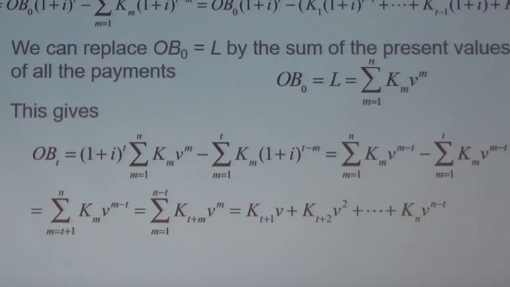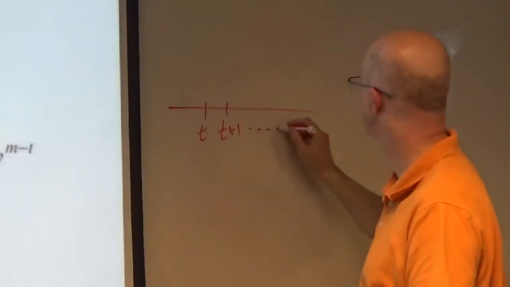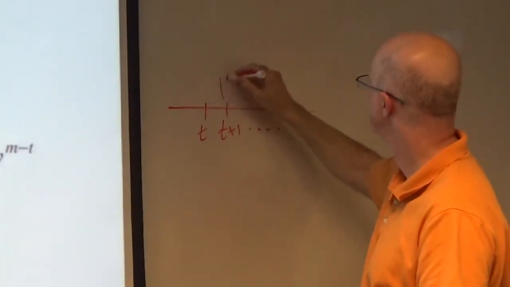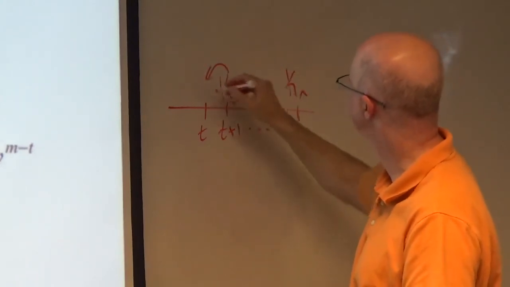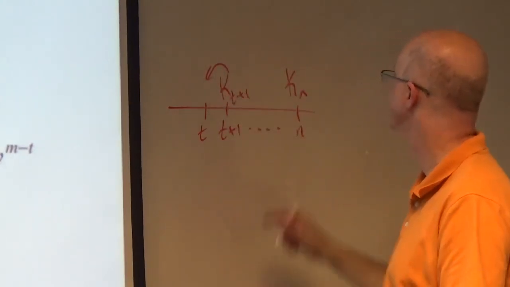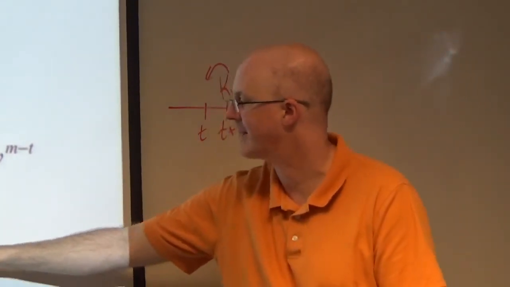But it should make sense intuitively. You're at time t. You're taking the payments starting at time t plus 1 and going to time n, and you are discounting them backward in time. kt+1 goes back by 1 period, kn goes back by n minus t periods.